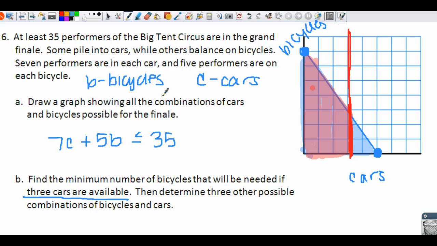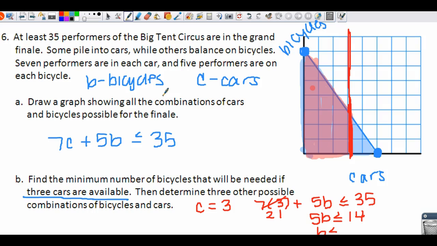So if you have C equaling 3, you have 7 times 3 plus 5B less than or equal to 35. So that's 21. 35 minus 21 would leave 14 performers divided by 5, and you get 2.8.